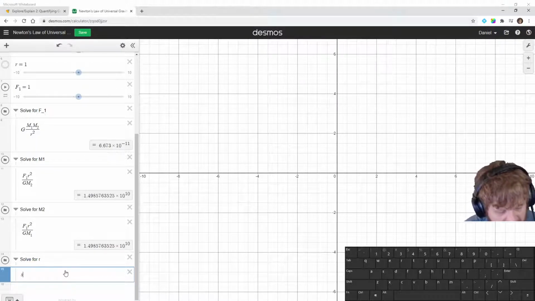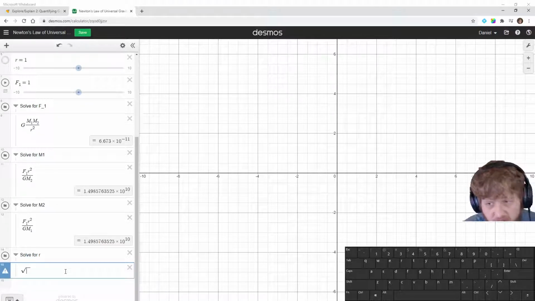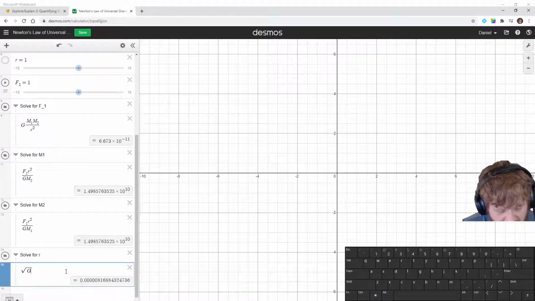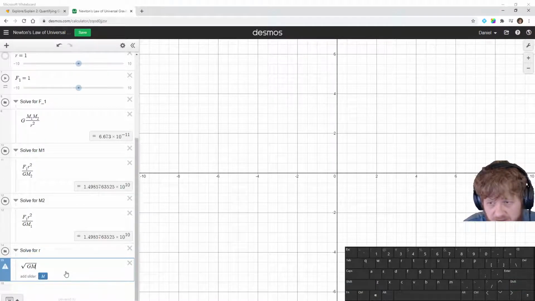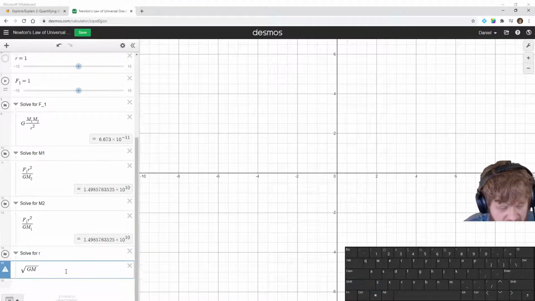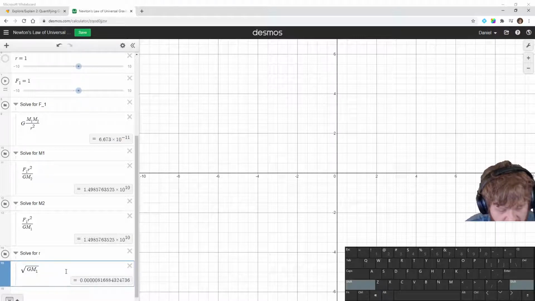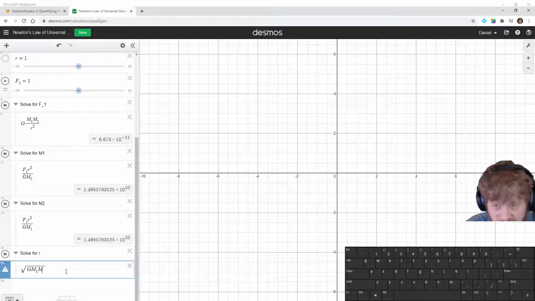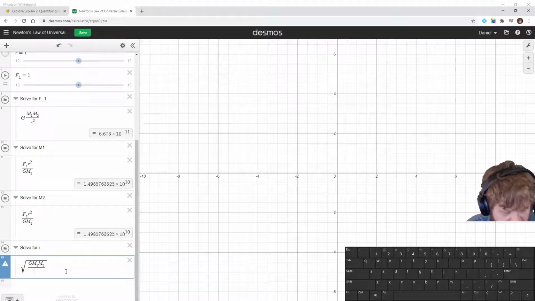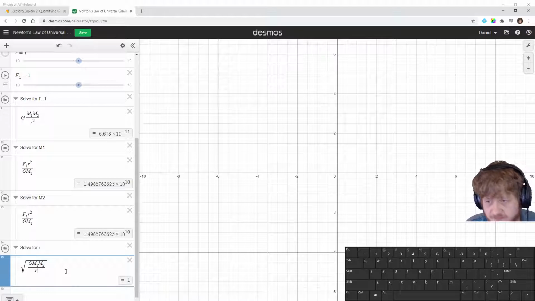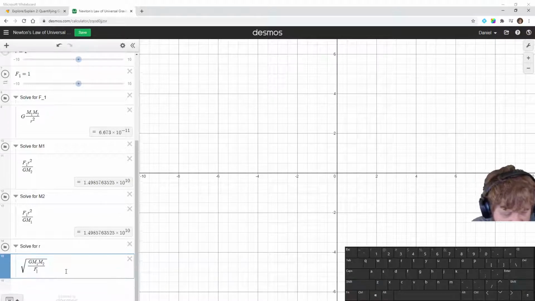So we have the square root, so we type SQRT, and then we'll do G, and then we'll do M1, shift underscore 1, shift M underscore 2, and then division F, and then underscore 1.